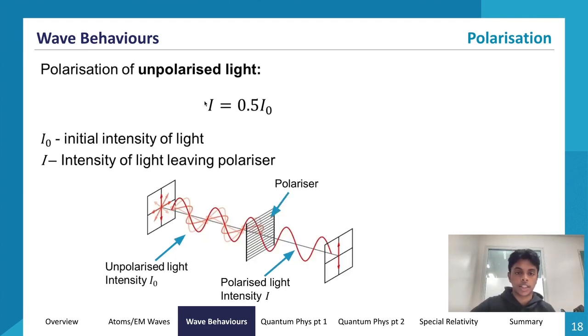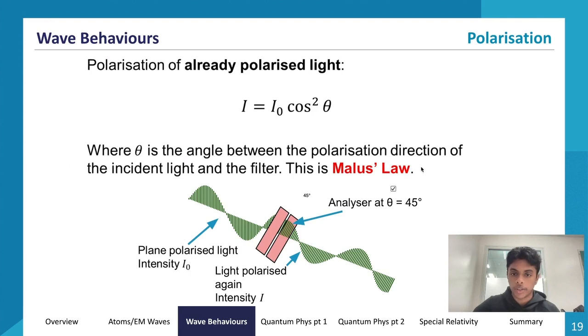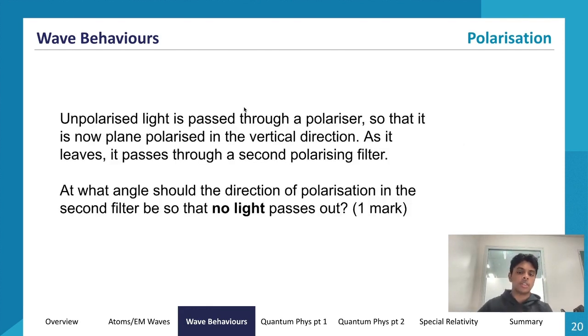A lot of people forget to check if it's unpolarized and end up using Malus's law and get it wrong. That's something very important to keep in mind. What happens is this pre-polarized light enters the filter, and its intensity gets reduced via cos squared theta until the final intensity leaving the filter is I. So that's Malus's law. Now we will do a question.